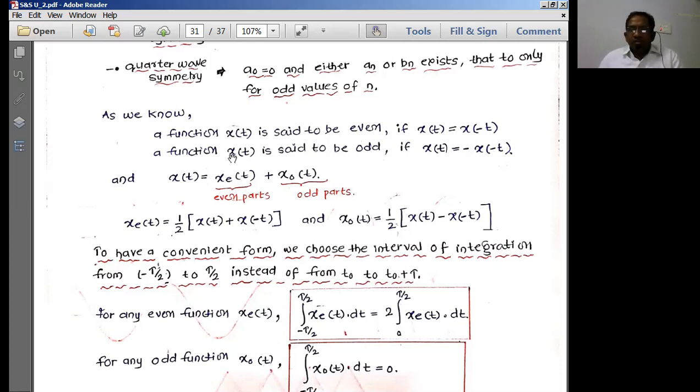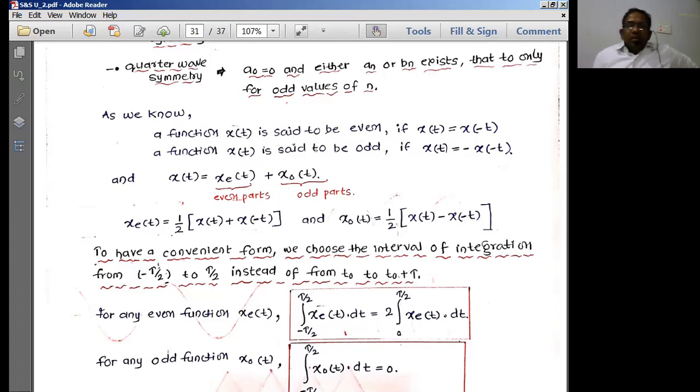So, even function, odd function. Something like minus 2 to the power of 2, you get an even value. Minus 2 to the power of 1, minus 2 to the power of 3, you get a negative value only. That is a scalar representation, and similarly there is a vector representation, since a signal is considered as a vector.